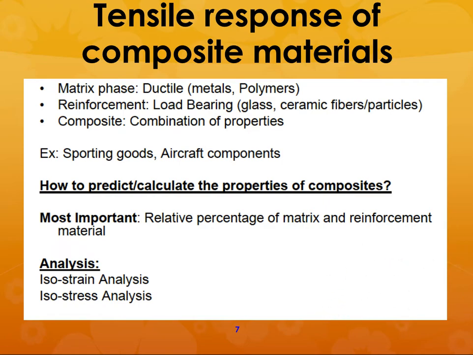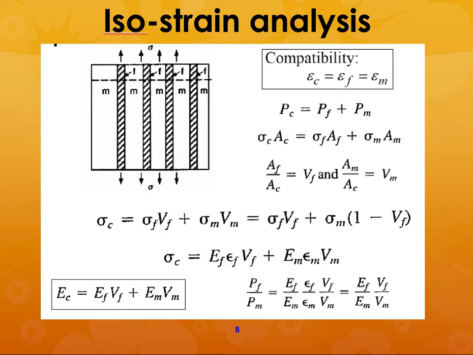Isostrain means you have the same strain taking place in the entire material. It is the same in the fiber, which is subscript F, and the matrix, which is subscript M. So this is the analysis of that, but don't get too caught up in this derivation.